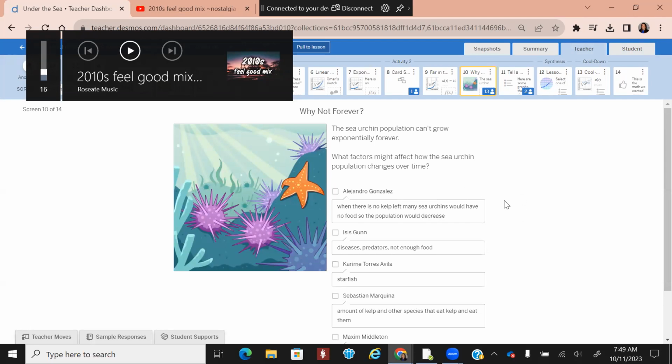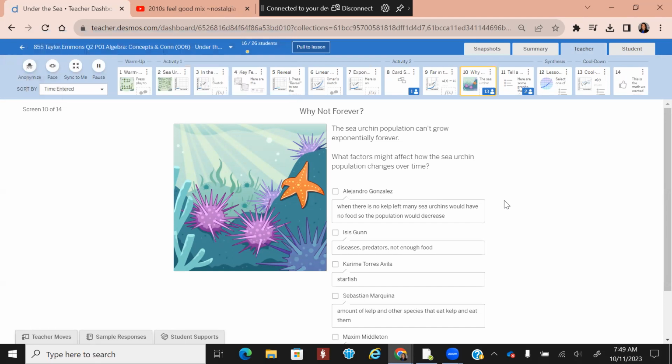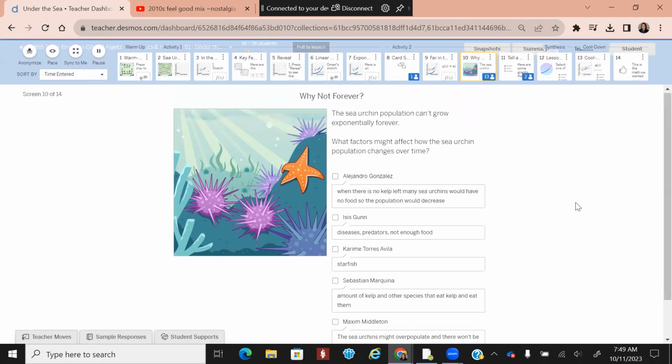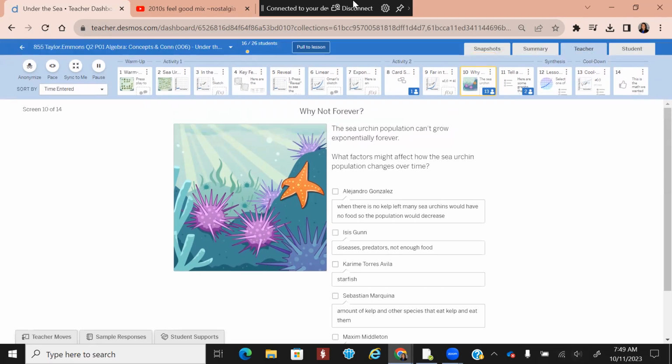Are starfish like predators to sea urchins? Are they really? Wild. I didn't know that. Okay. We should look up what are predators to sea urchins? I don't know. Overpopulation. Good point, Michael. Okay. So all of these things could impact it, right?